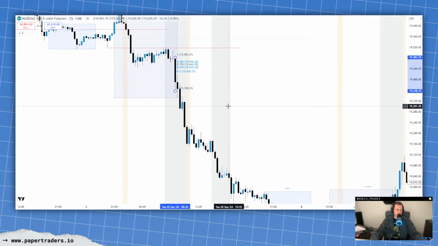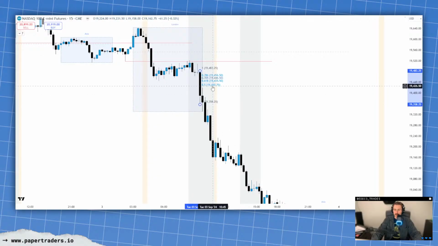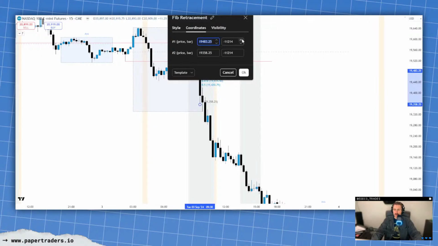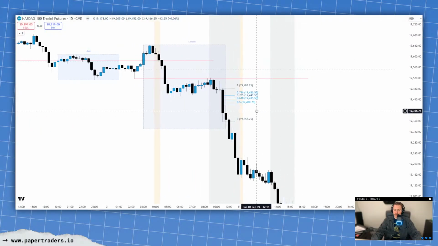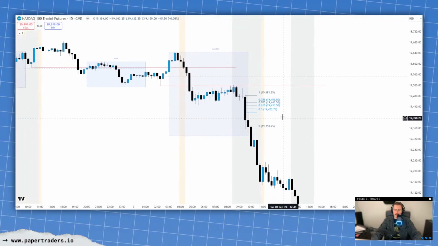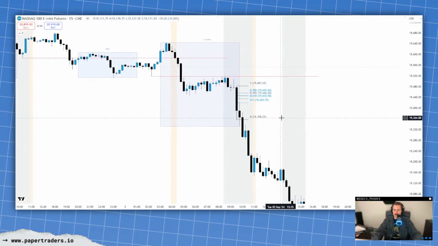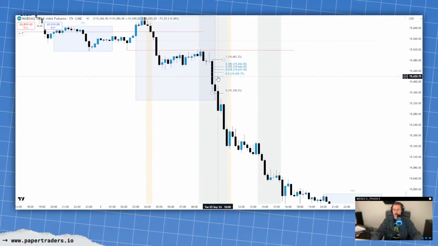With those ones, we want to make sure that we either hold below the 50% in order to continue to the downside if it's a bearish candle, or bullish to continue to the upside. And then if we break above the 50, then it's kind of like a reversal. Yeah, I look at the 618.